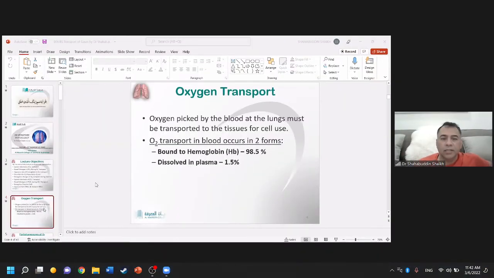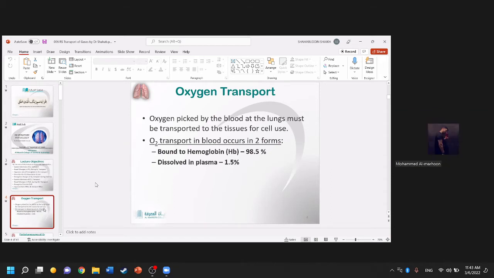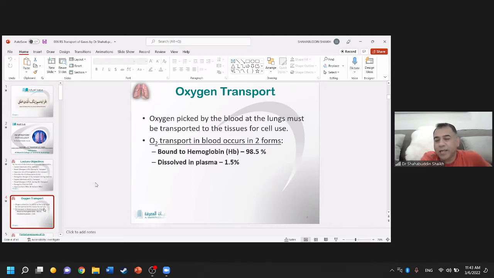And just now we were discussing the very important concept, that is partial pressure. Partial pressure of any gas is due to its dissolved form. Partial pressure of oxygen is due to oxygen dissolved in plasma.